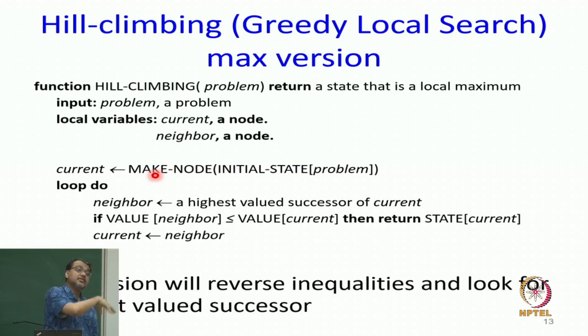Evaluate all your neighbors, pick the best, and that is the best neighbor for now. And if the value of neighbor is less than or equal to the value of current, which basically means all my neighbors are worse than me, I stop. But if there are neighbors which are better than me, then I move or jump to the best neighbor, with tie breaks decided randomly. And I repeat.